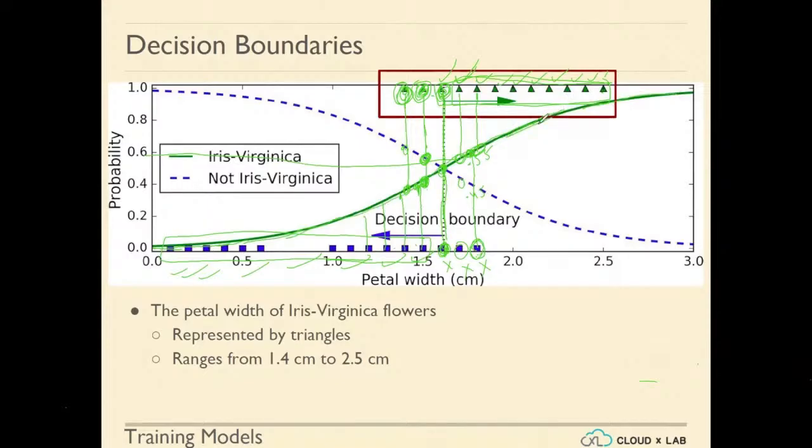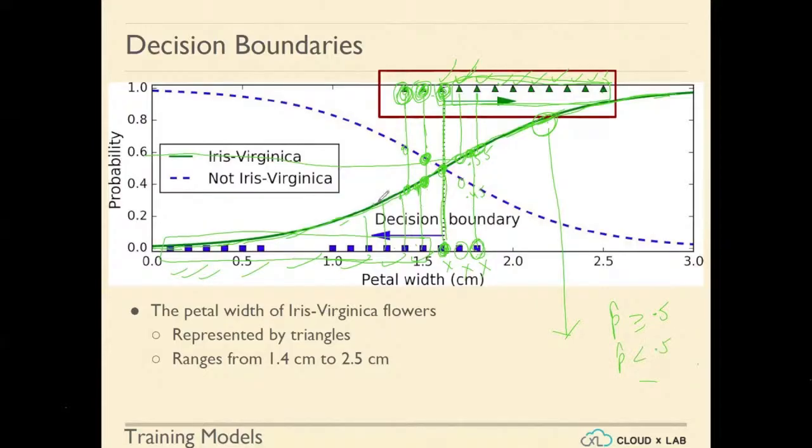So if you consider this green line, what rule will you check? If the probability is greater than or equal to 0.5, it means virgin ka class, and if the probability is less than 0.5, it means not virgin ka class, right?